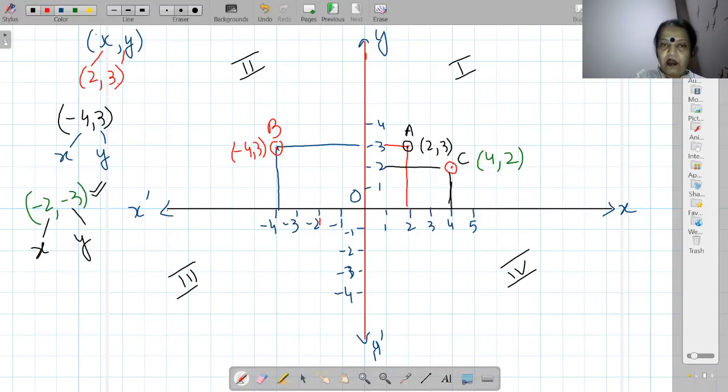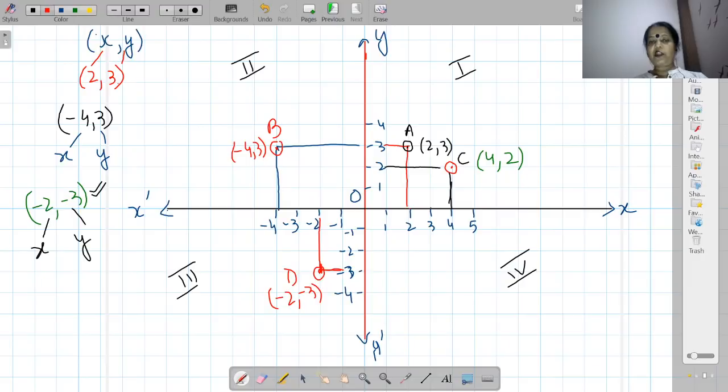So we will move towards each other. So this is x, we will draw a perpendicular, and y is -3. We will move towards each other. So this point, let this point be D. So this is the coordinate of -3.